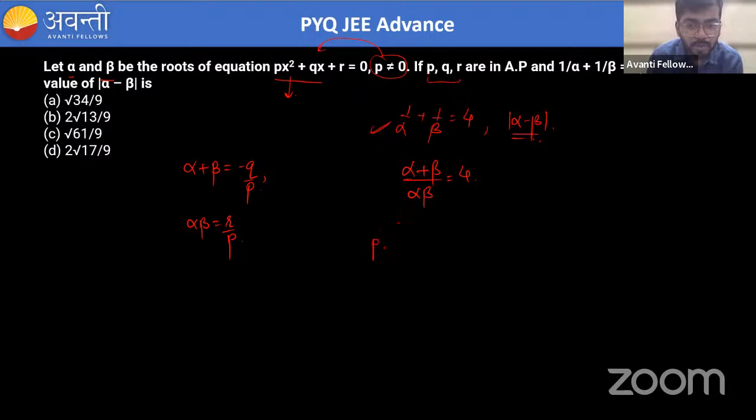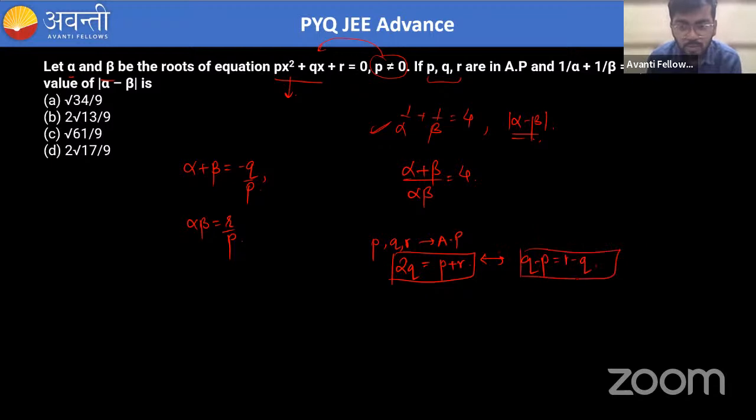So, p, q, r are in AP. That means 2q is equals to p plus r. Or another thing that you can say is q minus p is equals to r minus q. Both the results point out to the same thing, that p, q, r are in AP.